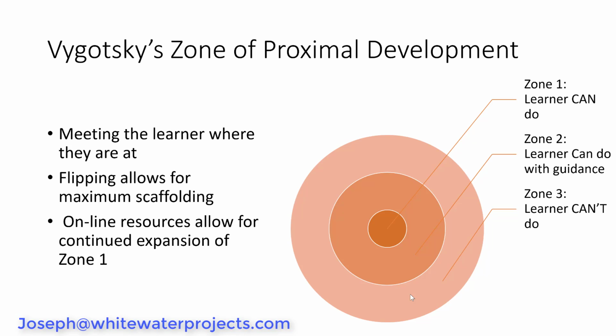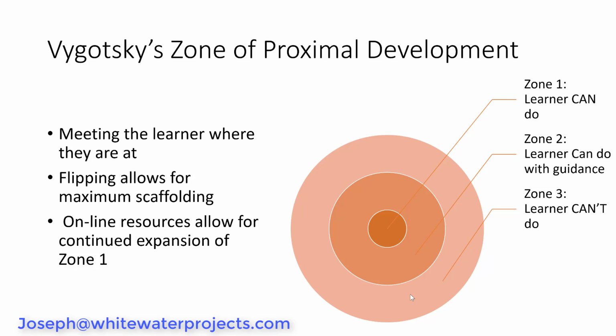Some of that stuff lies in Zone 3. You don't have a way of holding on to it. There's no cognitive coat hanger, for lack of a better term, to hang it on. You may be hearing the information and taking notes on the information, but you have no way to understand that in the long term and actually apply it, right?